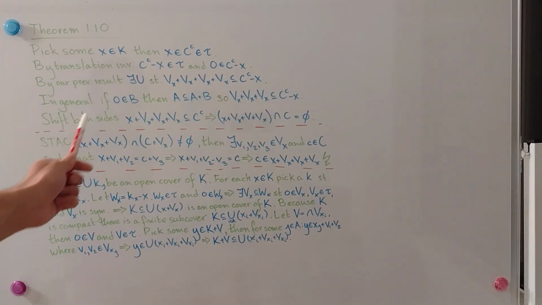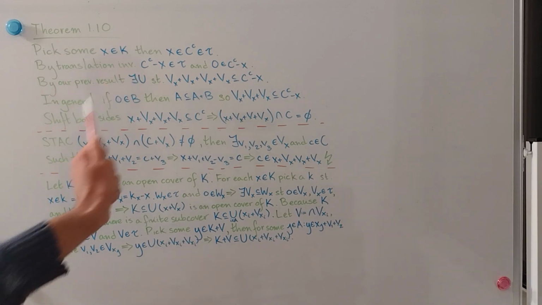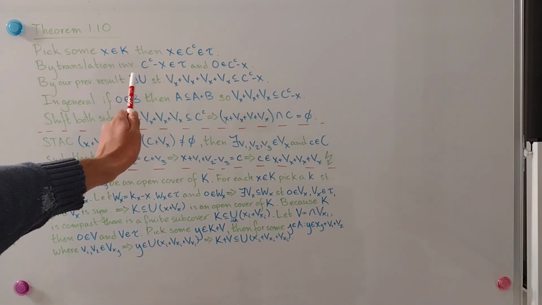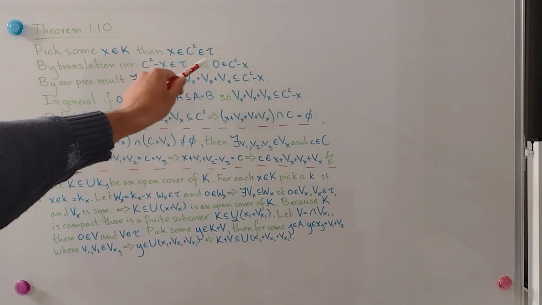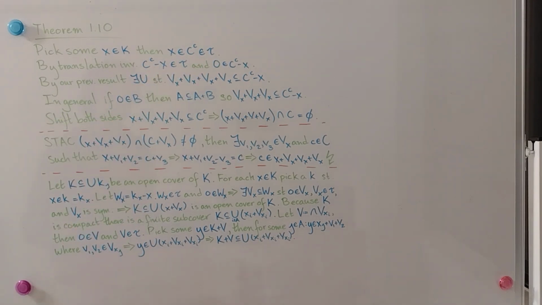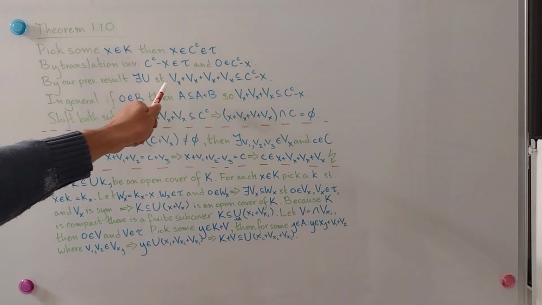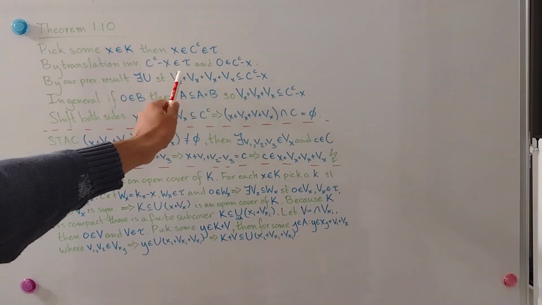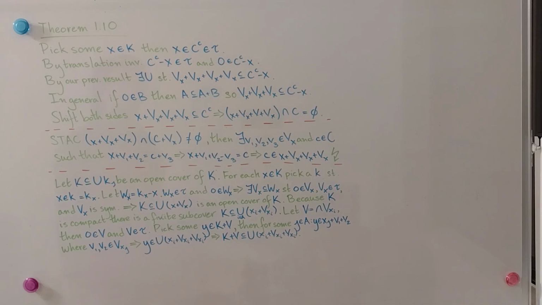And so that's all we're saying here, that this should be V sub x, but because we have this open neighborhood of 0, C complement minus x, we can apply the previous corollary twice and construct this V sub x such that V sub x plus V sub x four times is a subset of C complement minus x.